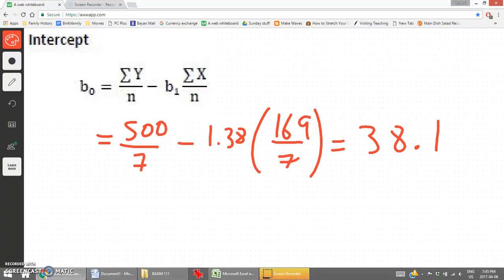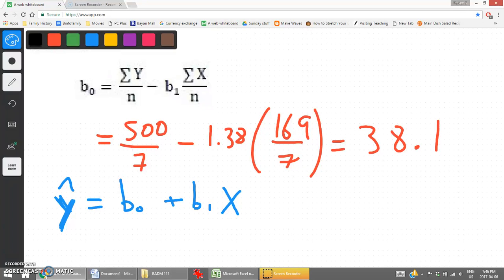Now what we can do with the slope and intercept is create an estimated regression line, which is this: estimated y equals the intercept plus the slope times x. So that's the general equation. What we're going to do is put in our values.